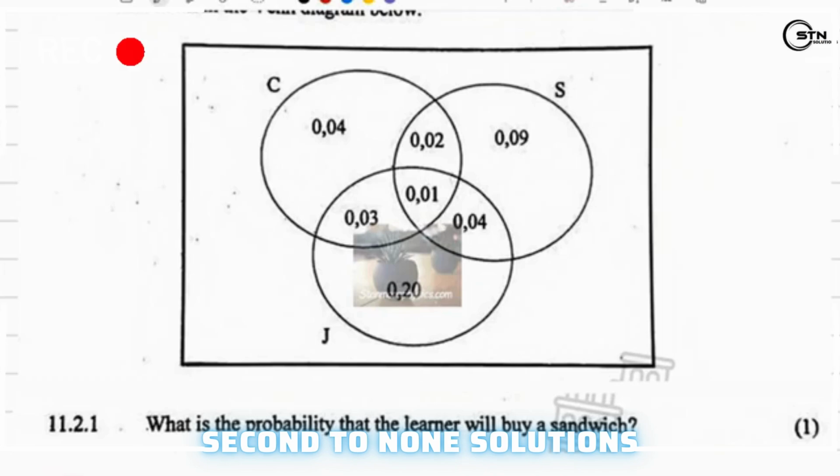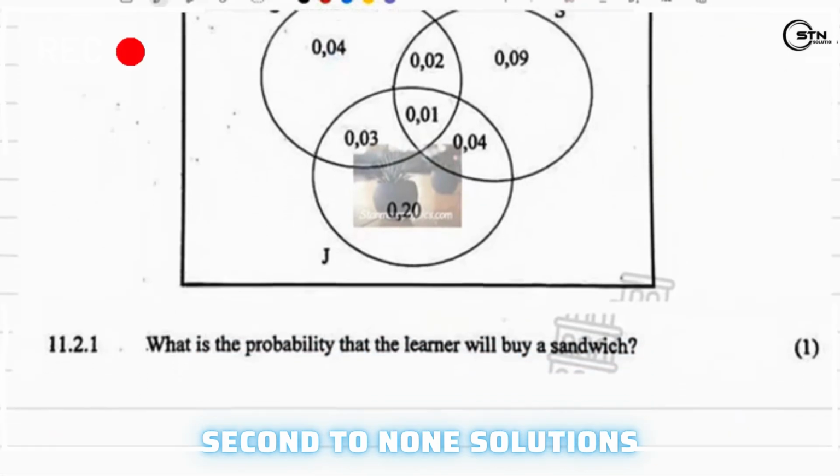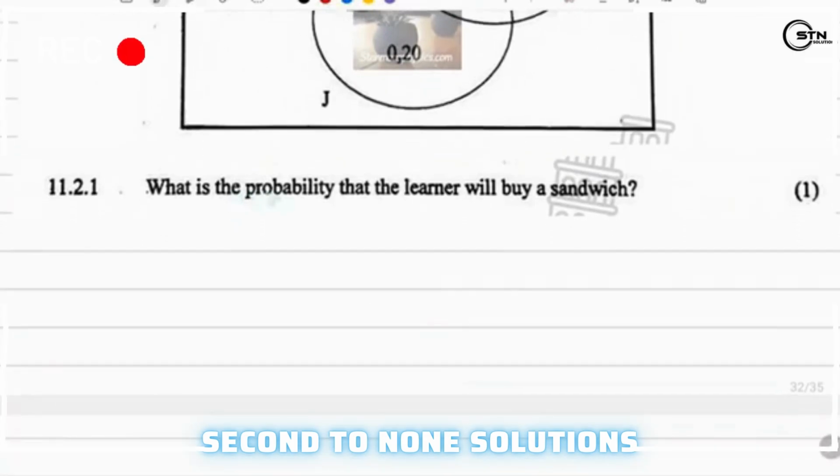That is not a bad thing. Decimals are already probabilities, so you don't have to think about what to put it over. It's already in a probability format. So we have 11.2.1. What is the probability that the learner will buy a sandwich?